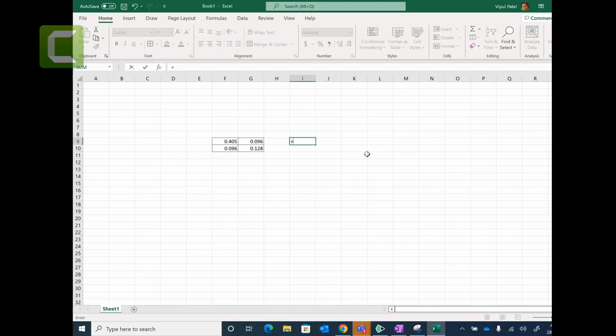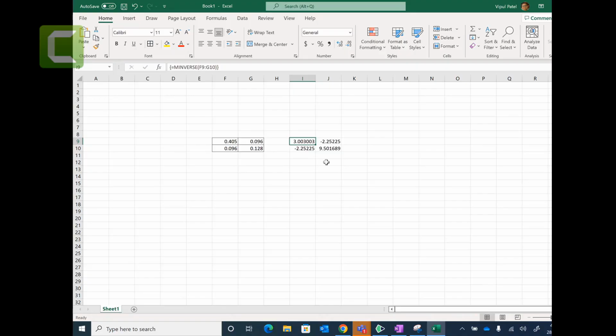So the command that we need is, first you need to highlight all these four of them. Sorry, you need to highlight this and type equals MINVERSE, and then I think you press Control Shift Enter. So you get this. I think I screwed up something. I need to fix that probably.